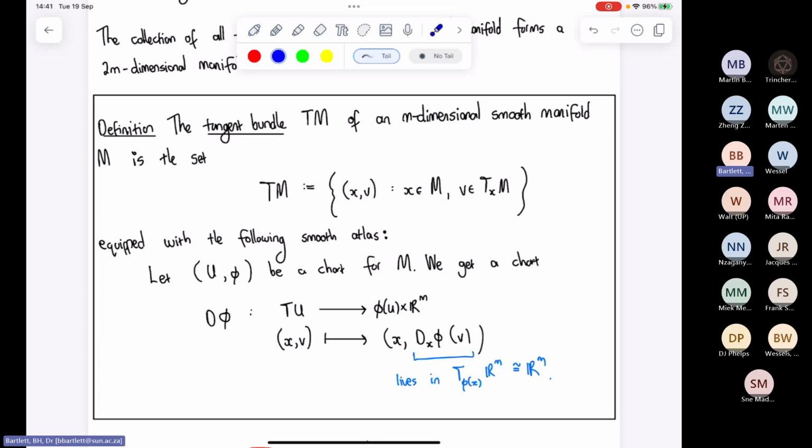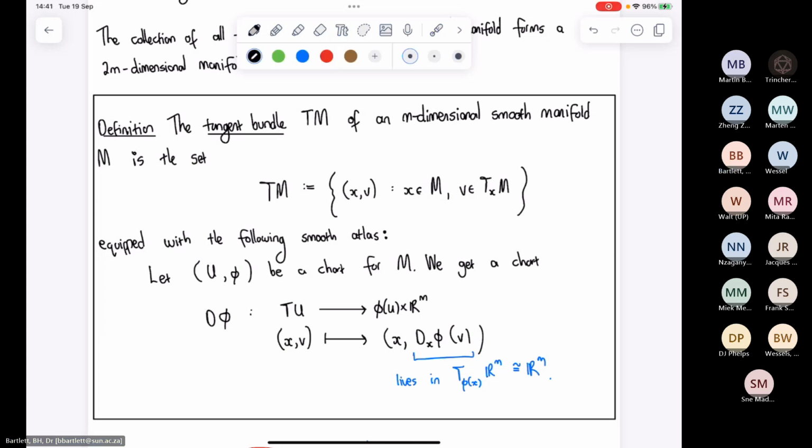And I can identify that with the Cartesian product of phi of U, which is living in Rm, with Rm itself, by the map which sends (x, v) to (phi of x, the derivative of phi applied to v), right?